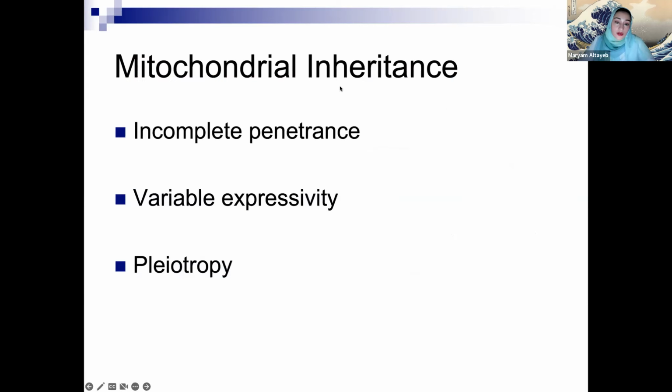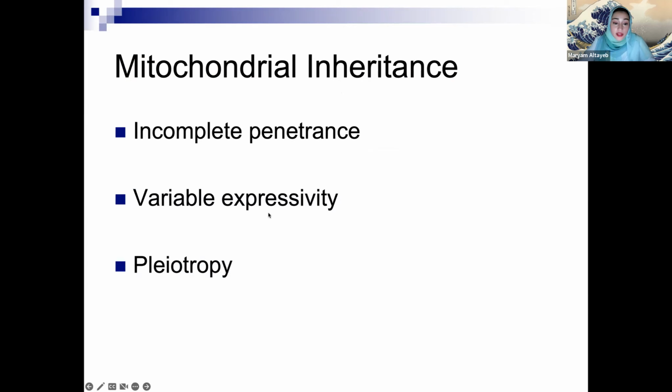And so it follows basically what we already learned about in the very beginning: incomplete penetrance, variable expressivity, and pleiotropy. So remember, pleiotropy means it can affect various organ systems, which is what we just talked about, right? Because your mitochondria is everywhere.